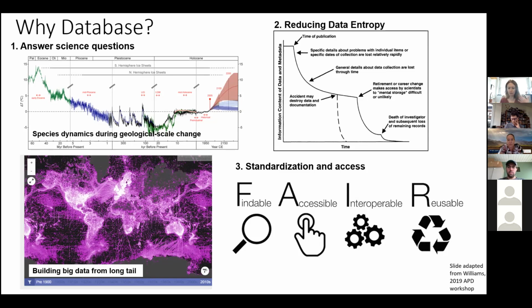That acronym means we are meant to have data be findable, accessible, interoperable, and reusable. All of these things put together make me feel that putting data into databases, developing databases, is best for individual scientists, best for our community of scientists, and also for doing good science that has important practical implications.